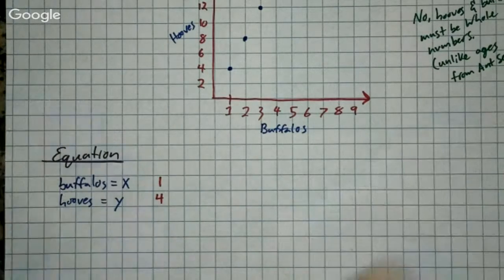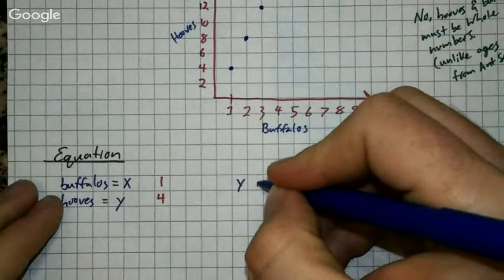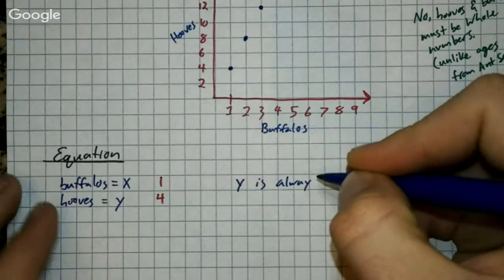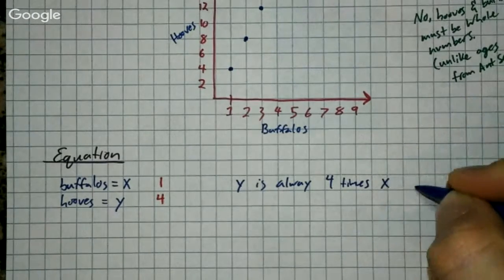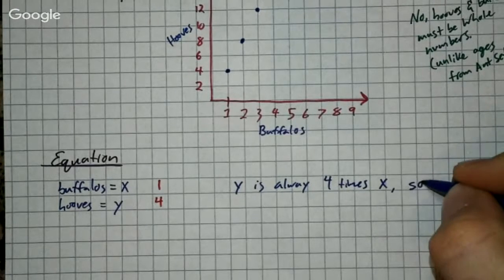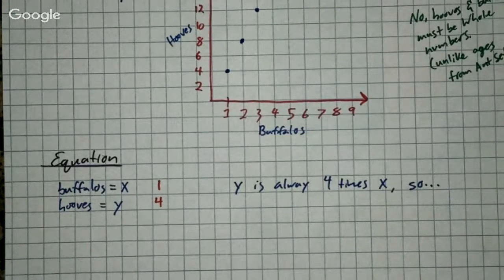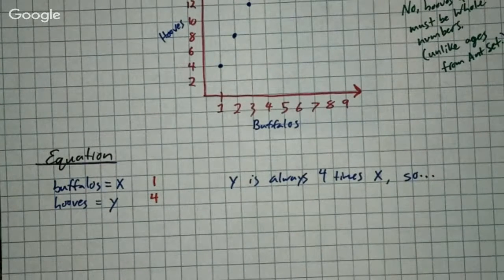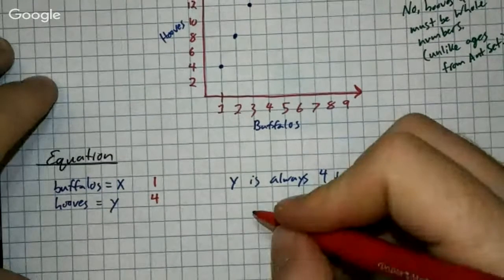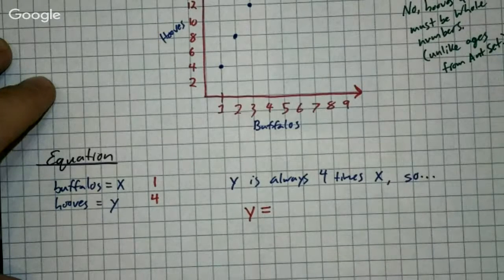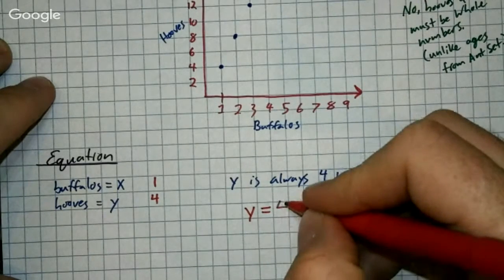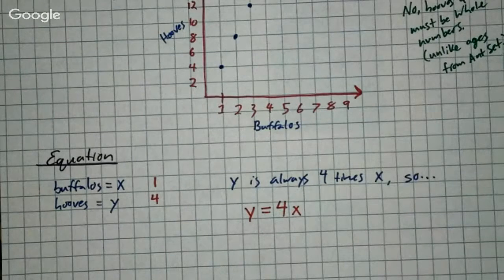So if we're looking at this, it says the Y value is always 4 times the X value. So because Y is always 4 times the X value, we can write that into an equation. Y equals 4 times X.